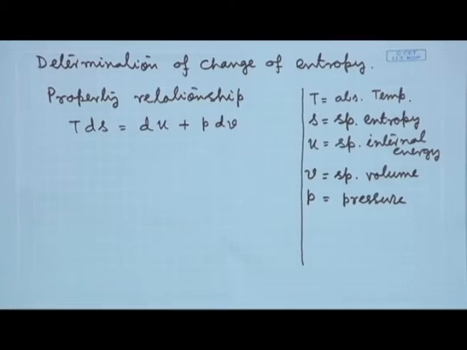So, combining the first and second law, we get T ds is equal to du plus P dv. Remember that this is a relationship of properties, which depend only on end states, and that is why we do not talk about the type of process, whether reversible or irreversible. That is not relevant here.